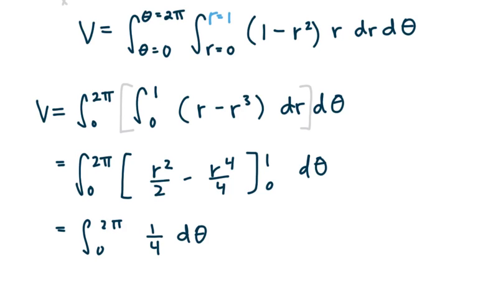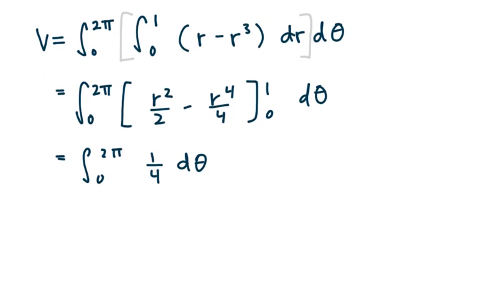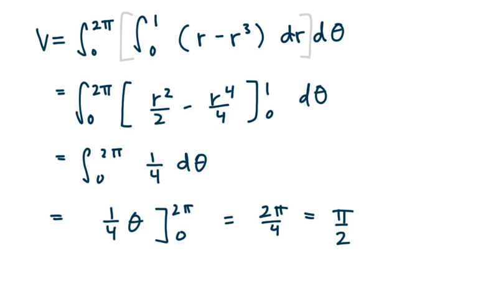I can put the 1/4 in front if I'd like. Integrating with respect to theta, that's going to give me 1/4 theta. We need to evaluate from 0 to 2 pi, which gives me 2 pi over 4 minus 0 over 4, or pi over 2.